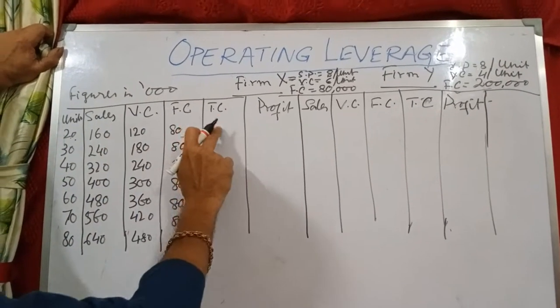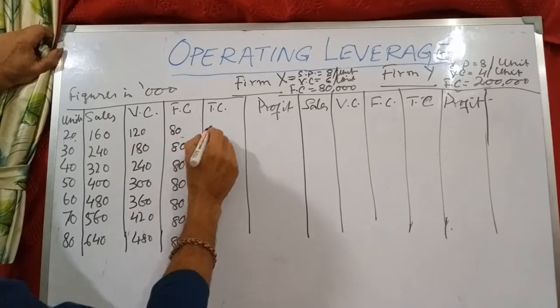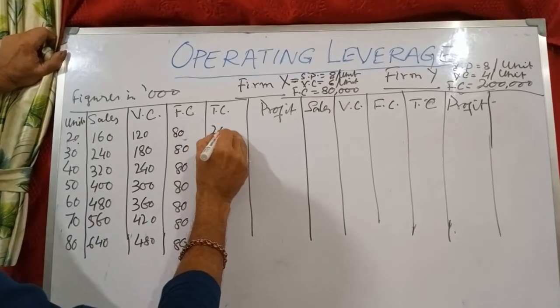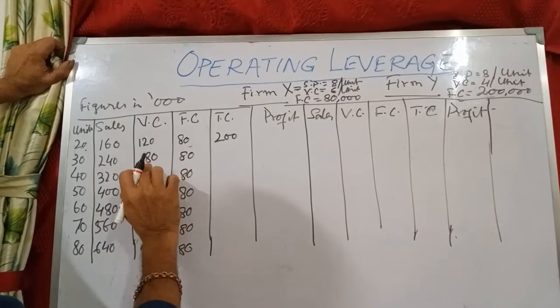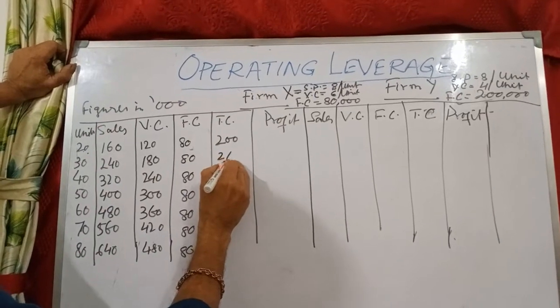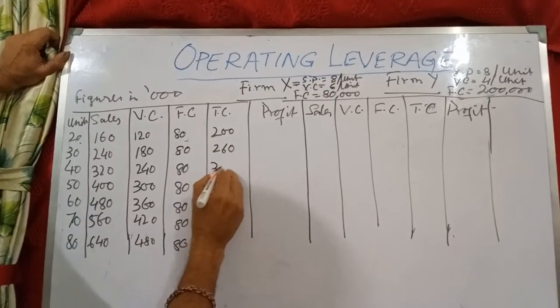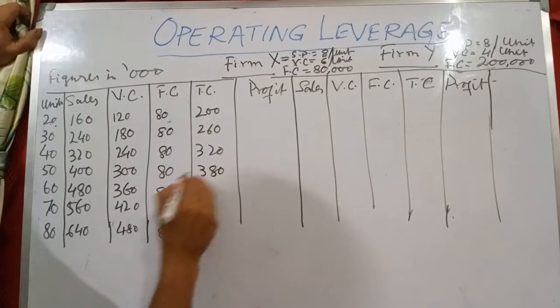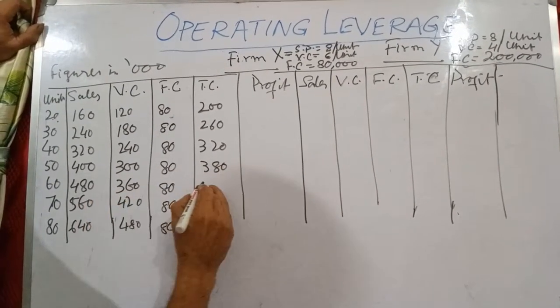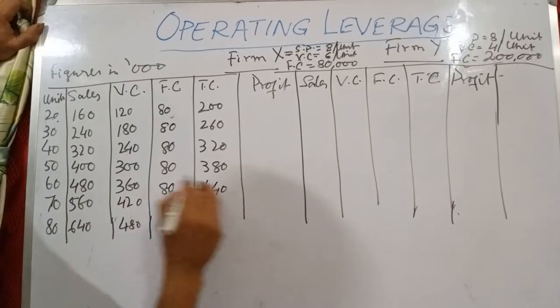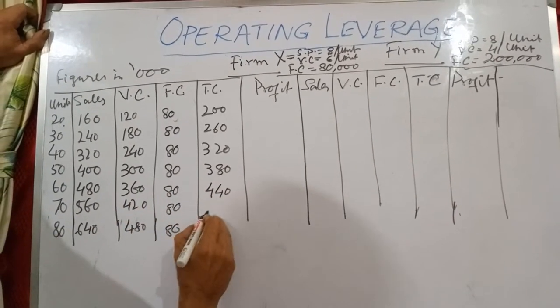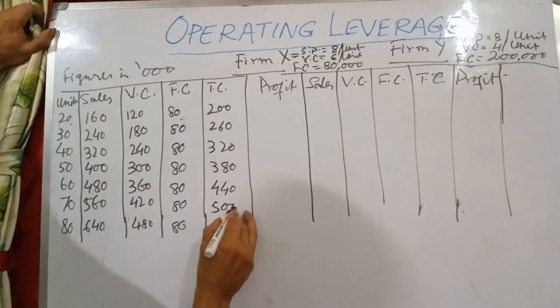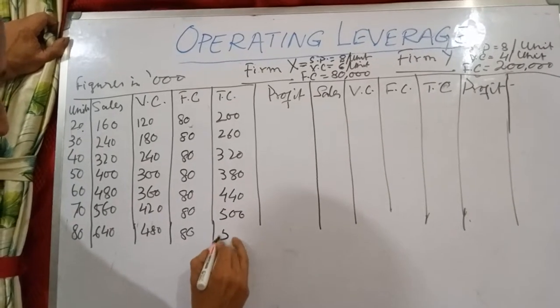So total cost becomes 120 plus 80, that is 200. This is 260, this is 320, this is 380, this is 440, this is 500, and this is 560.